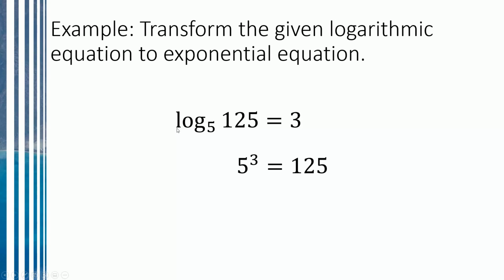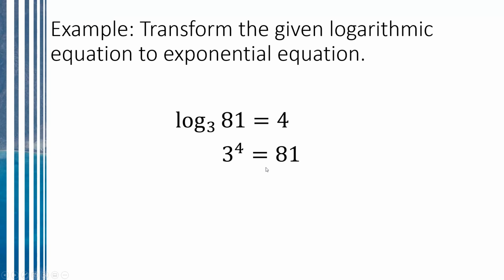So you have 5 raised to 3 is equal to 125. Let's have another example. The logarithm of 81 to the base 3 is equal to 4. So this is the base, this is the exponent, and this is the answer. In other words, you have 3 raised to 4 is equal to 81.